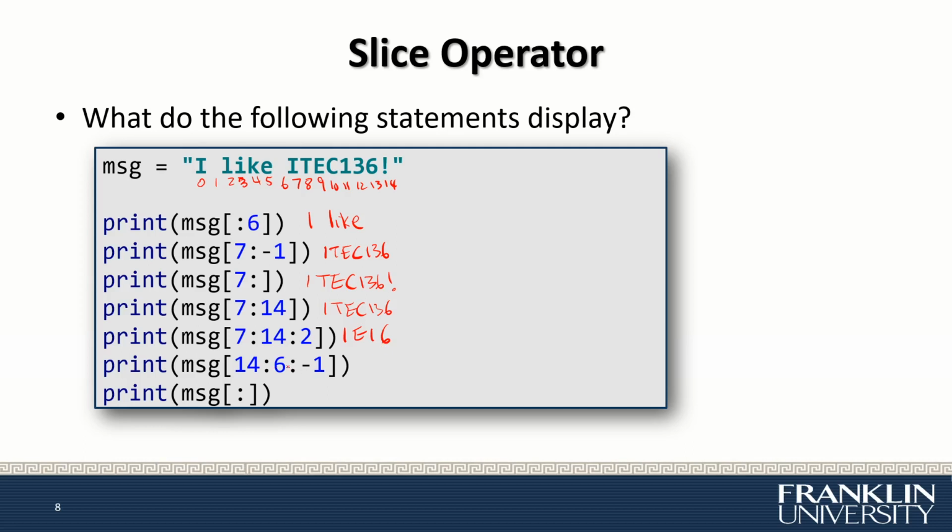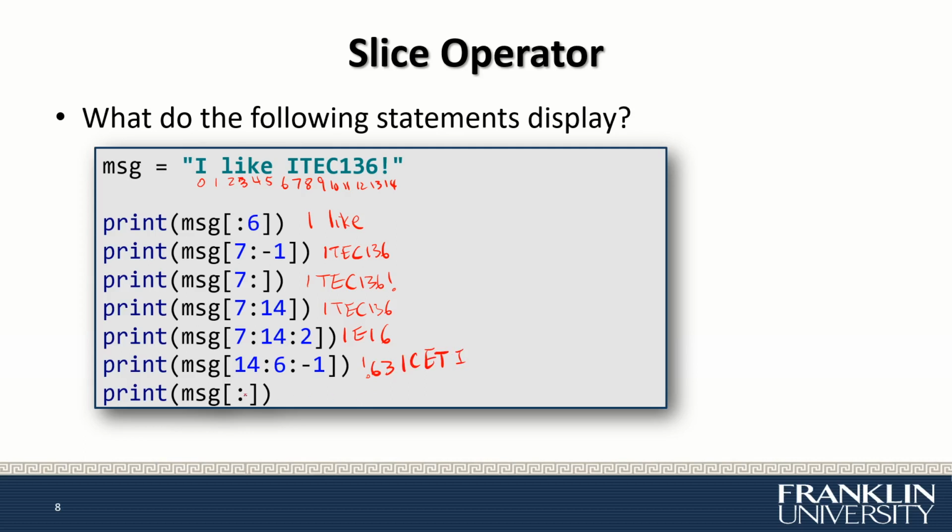Then message[14:6:-1]: 14 is the starting point, all the way to 6, with stride negative 1. That means I'm going backward: exclamation point, 6, 3, 1, g, a, t, and I.